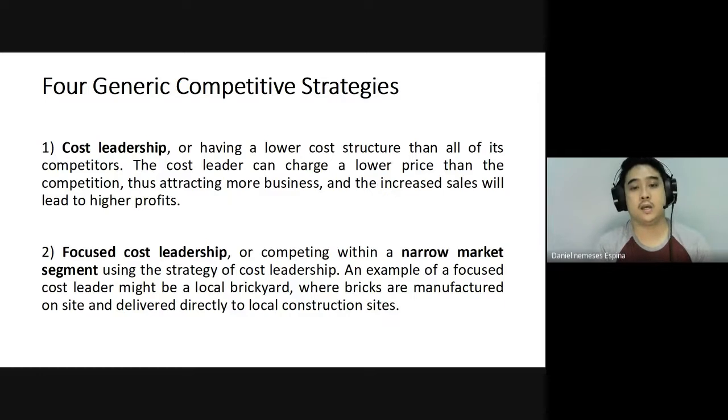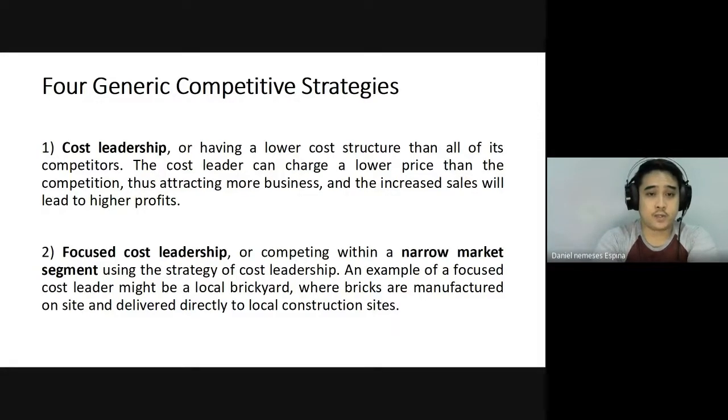Which states that as the price goes lower, the higher the quantity demanded. Okay? Of course, that is ceteris paribus, or other things held constant. So those who are pricing lower than their competitors are most likely attracting more customers, especially if the quality is somehow the same.